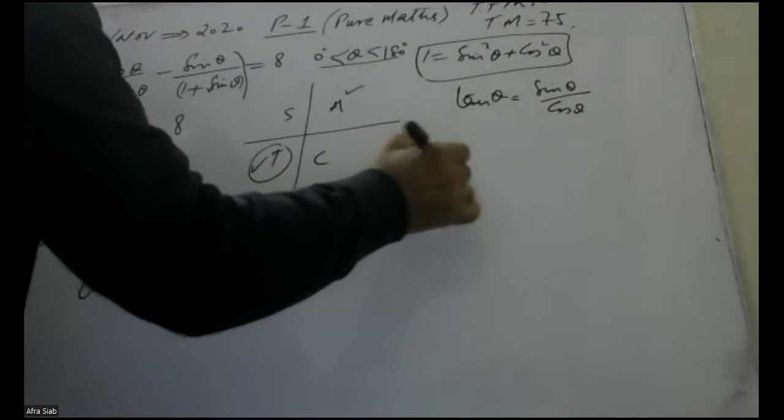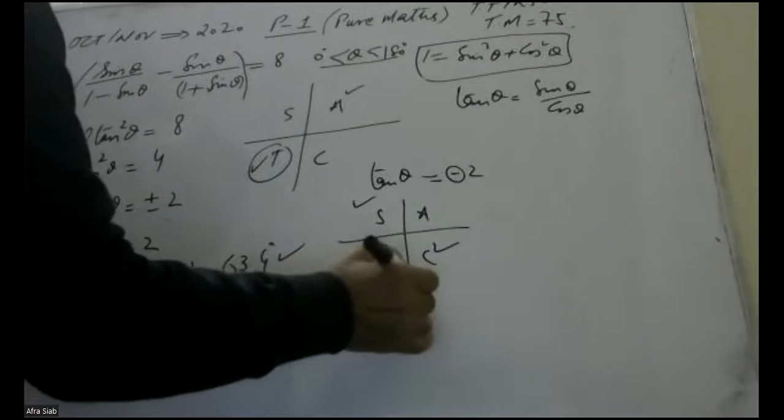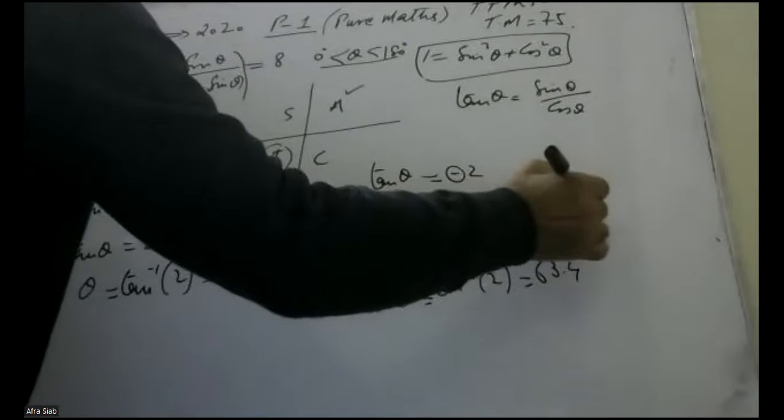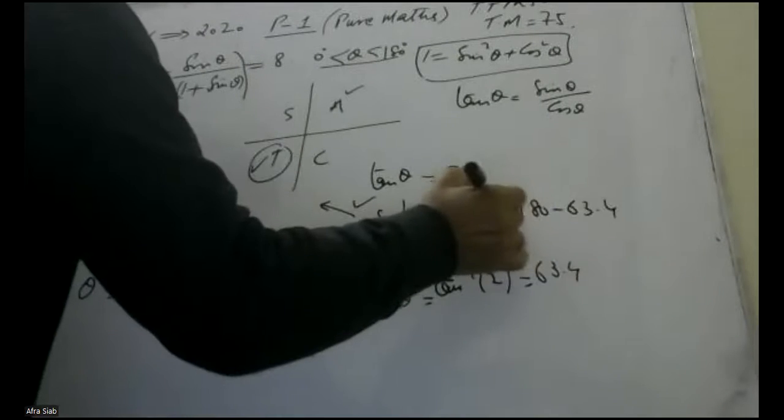And if tangent theta is equal to minus 2, then we know that tangent is negative in the second and the fourth quadrant. And we already calculated that theta is equal to tangent inverse of 2, it is 63.4. So in the second quadrant, we use this angle 180 minus 63.4.